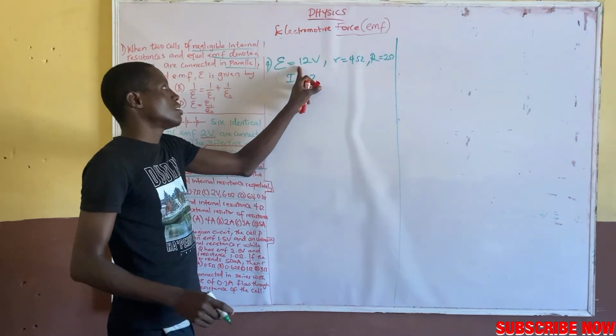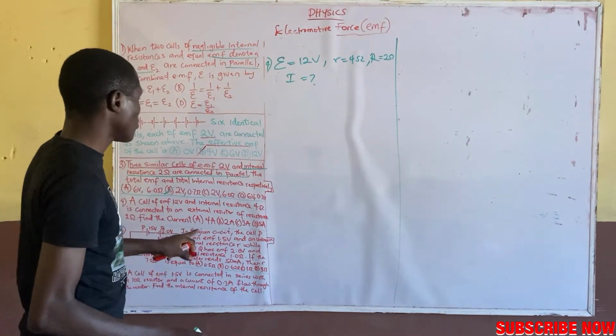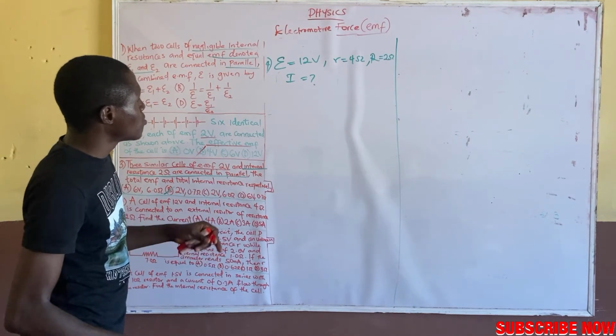So here the cell contains EMF of 12 volts, internal resistance of 4 ohms, external resistance of 2 ohms, and we have to calculate the current.